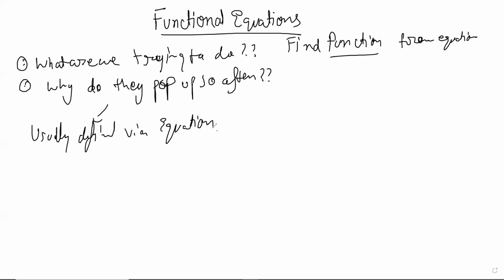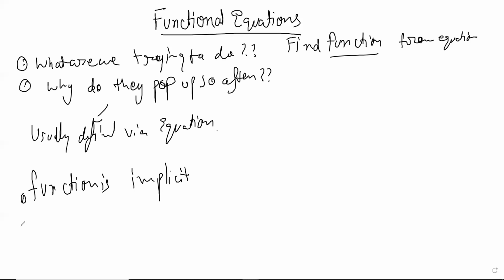Some kind of algorithm is running, and you study the nature of that process and you get an equation. So you usually don't know the function, right? So usually the function is implicit.